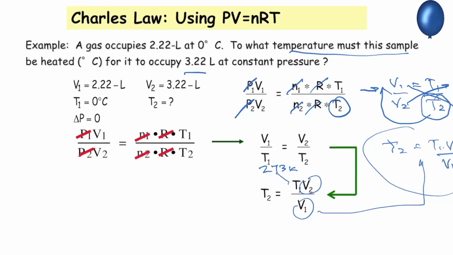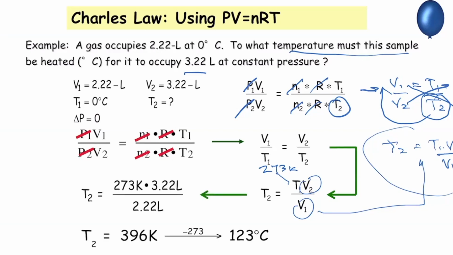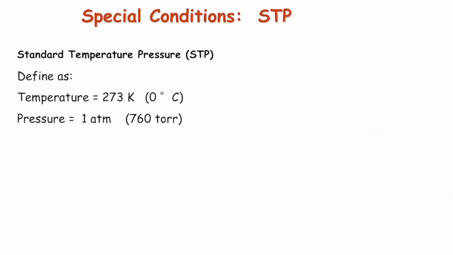When we do that, we have this, and now you can solve for the temperature. It's 396 Kelvin. If you want it in Celsius, subtract 273 from that, 123. If you had put 0 degrees here, it wouldn't work because anything over 0 is just 0. You won't be able to solve that problem. You've got to convert it to Kelvin, always.